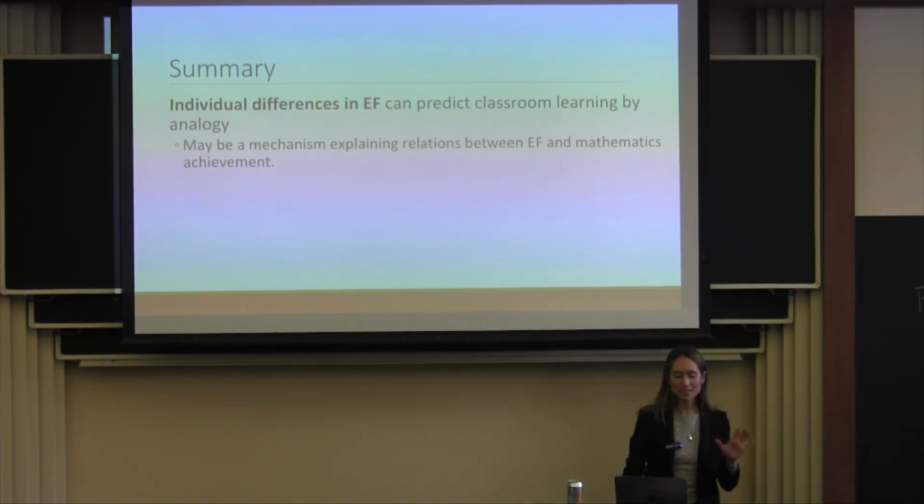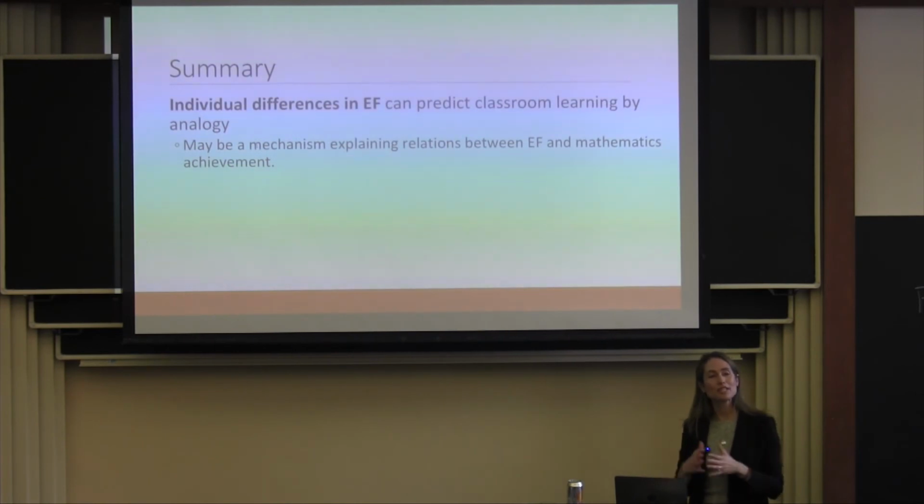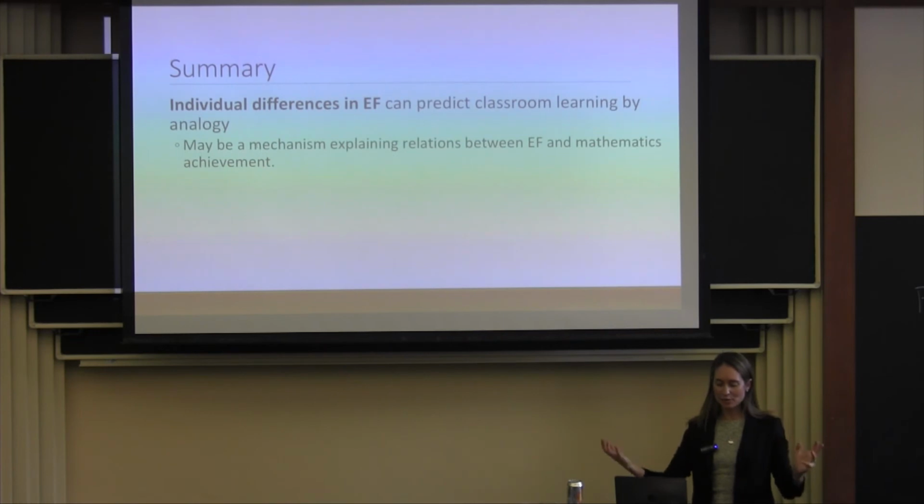So what I'd like to pull together is that individual differences in executive function can predict classroom learning by analogy. This suggests that having comparisons is a rich way to design classroom lessons.